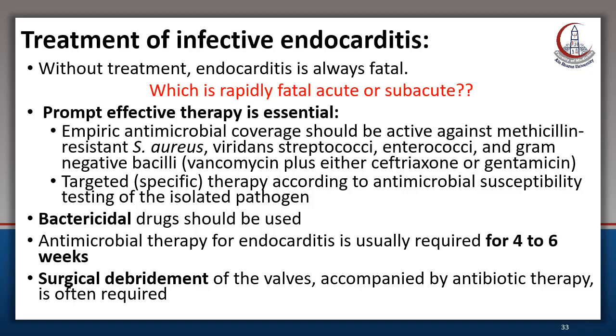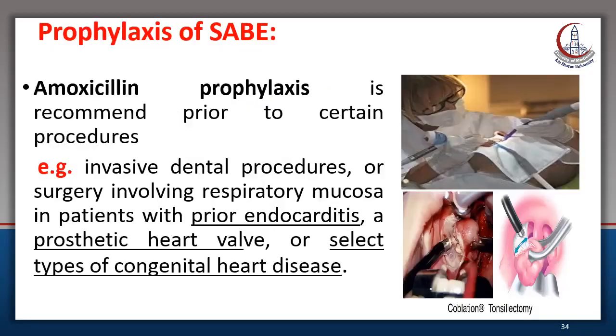With the emergence of MRSA, methicillin-resistant staphylococci, or penicillin-resistant streptococci, the empiric treatment has changed, substituting vancomycin instead of a penicillin antibiotic. So we start treatment with empirical antimicrobial cover against methicillin-resistant Staphylococcus aureus, viridans streptococci, enterococci, and gram-negative bacilli. Vancomycin plus either ceftriaxone or gentamicin can be used.